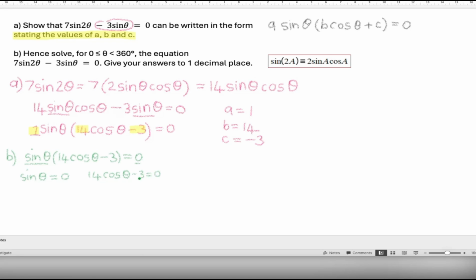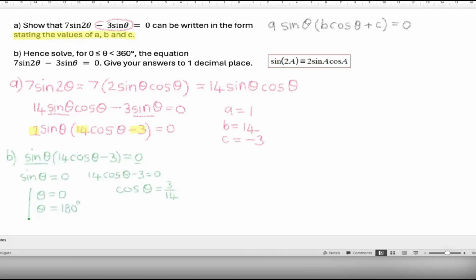This can be rewritten as the cosine of theta is equal to 3 over 14. Now, if sine of theta is equal to 0, then theta will be equal to 0, or theta will be equal to 180 degrees.